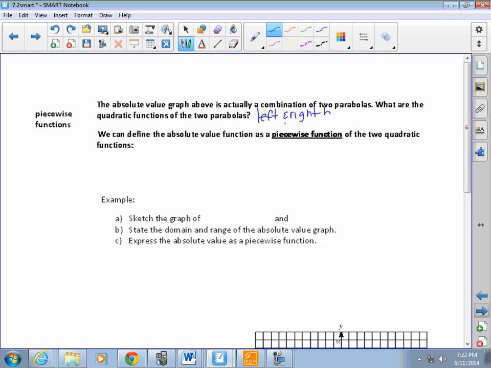The left and right branch are the graphs of y is equal to x squared minus x minus 2. And the middle branch is equal to the negative of that. So y is equal to negative (x squared minus x minus 2). Or if you wanted, you could rewrite that as y is equal to negative x squared plus x plus 2.